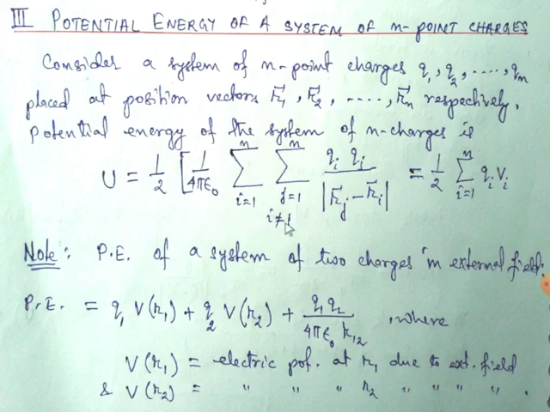Got it? Electric potential times the charge, you will get the potential energy. So from all these expressions, what we can conclude is that the potential energy of 2 point charges in an external field we can find out very easily.